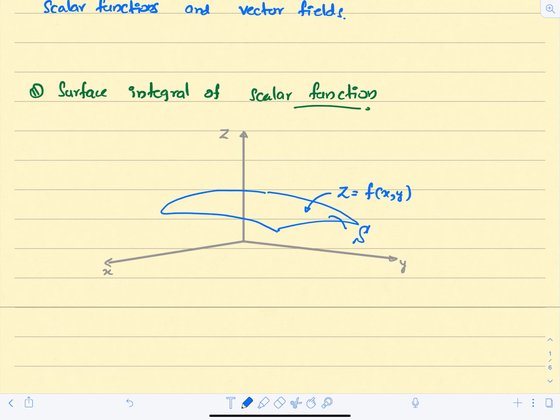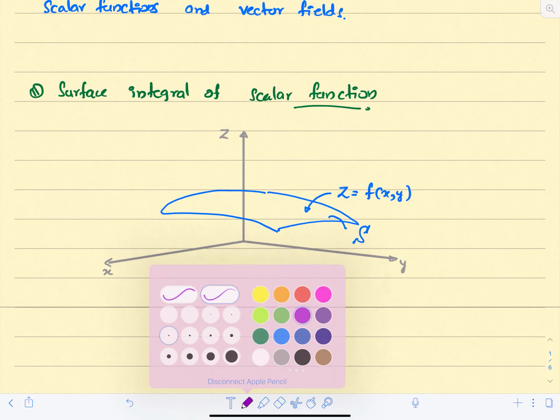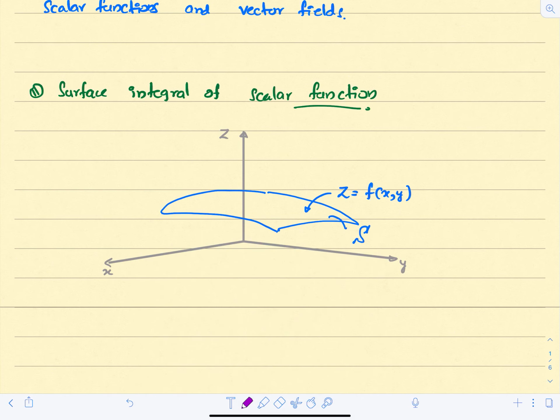Now if you project this surface onto the xy plane, you will get the domain of this function. Let's say this is your domain D on the xy plane, the domain of this surface S.